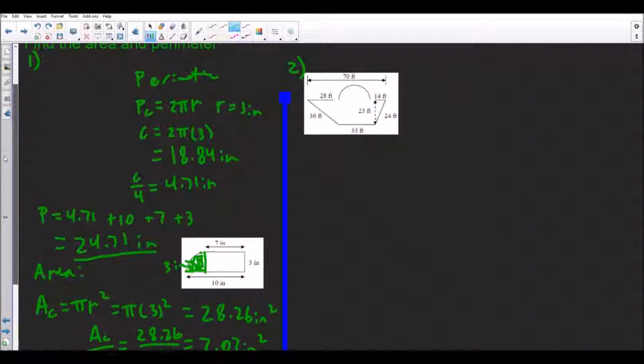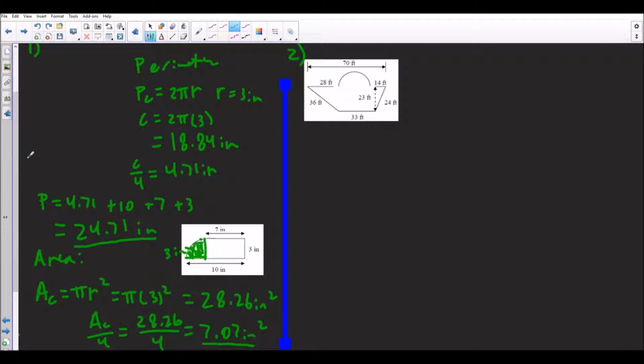So let's go and do this one. Now this one's a little bit trickier, but let's see what we have here. Actually, these lines really should go all the way up.